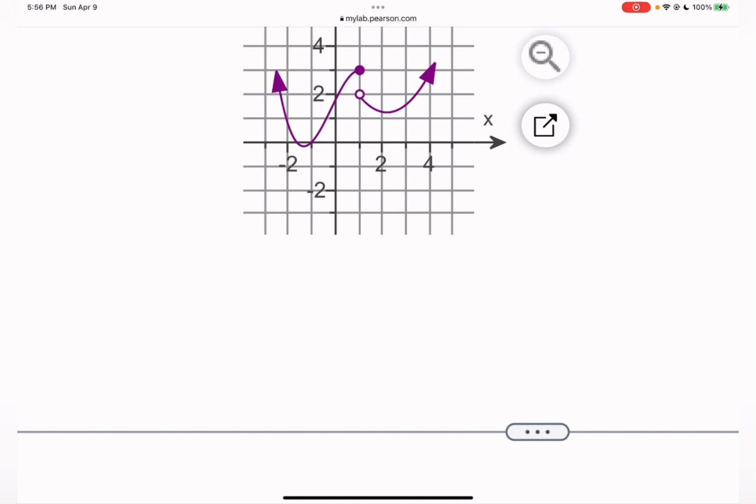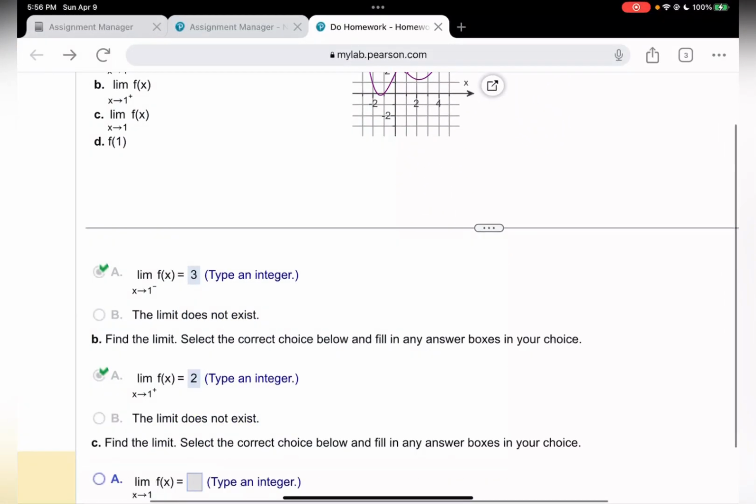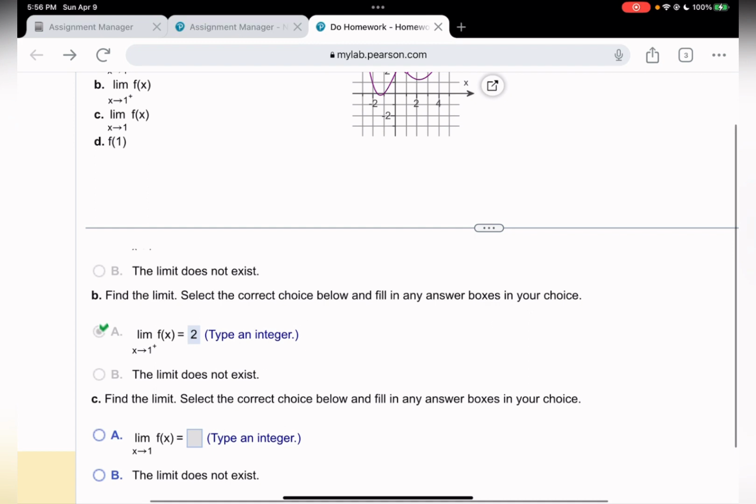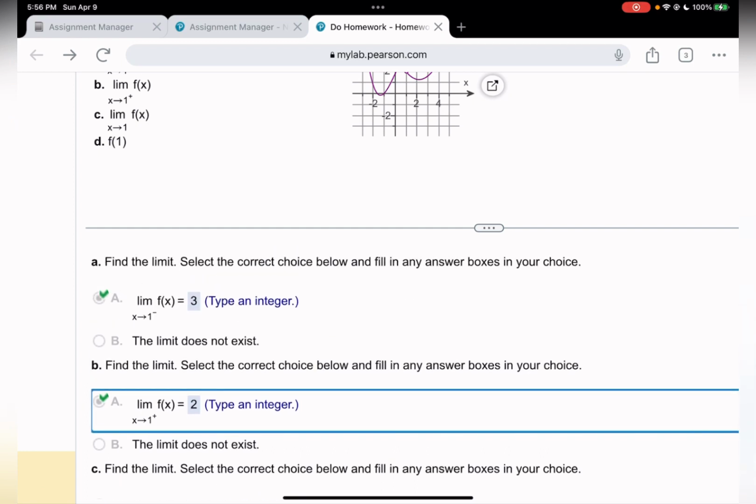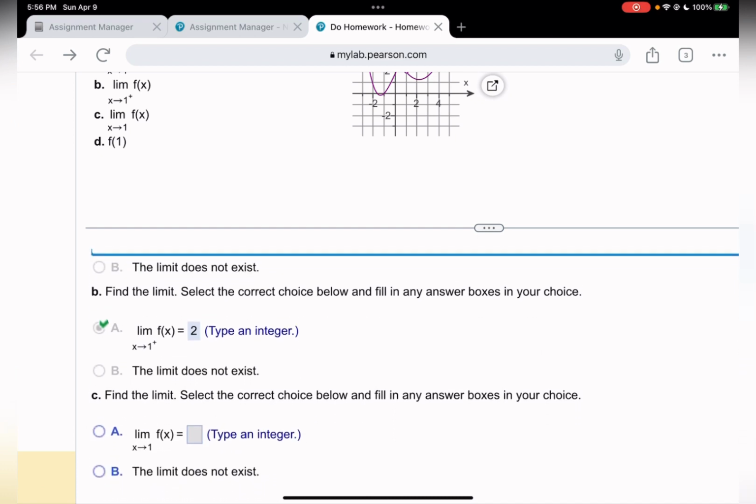Why not 2? Because it's not asking for a limit. Oh, wait a minute. I thought I was doing D, so I'm still at C. It's asking for the limit as x approaches 1 from both sides. So we did one-sided. The limit from the positive side is 2, from the negative side is 3. See, I'm looking at cases A and B. Therefore, doesn't exist, right?